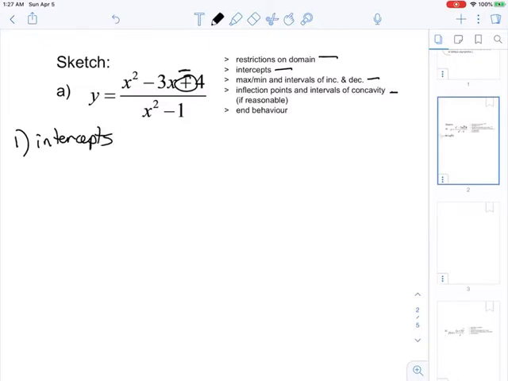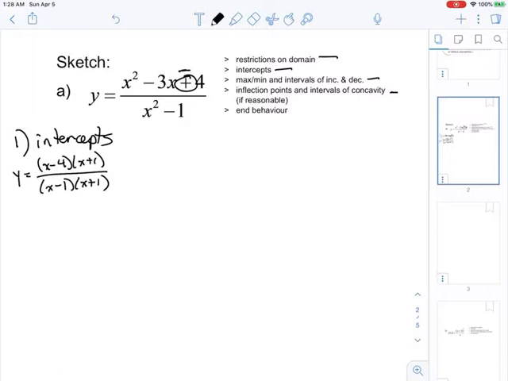So I am going to take this function and I'm going to factor it. So this is going to factor into x minus 4 over x minus 1 times x plus 1. So we have a hole here. We'll talk about that when we get to our discontinuities.